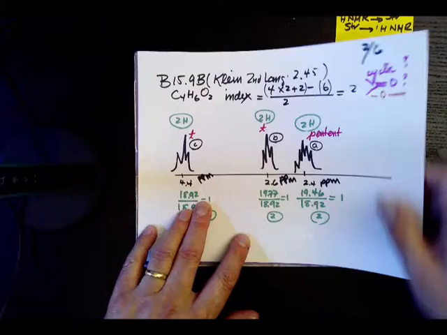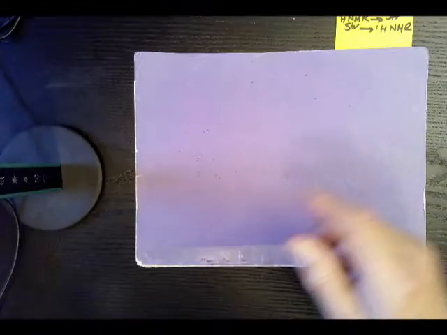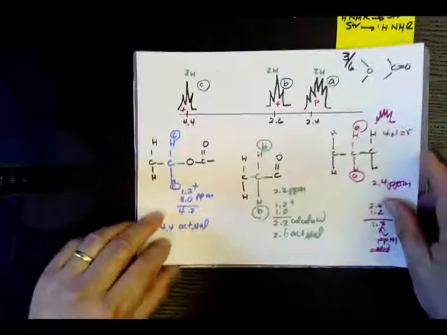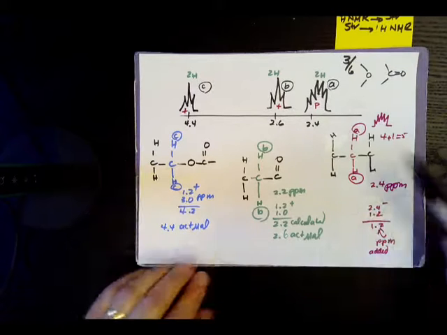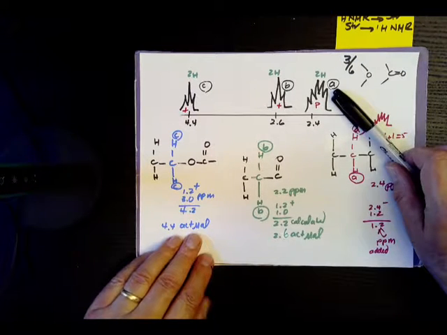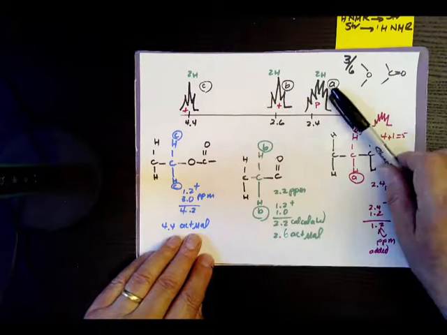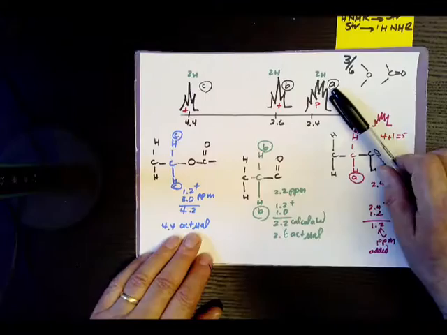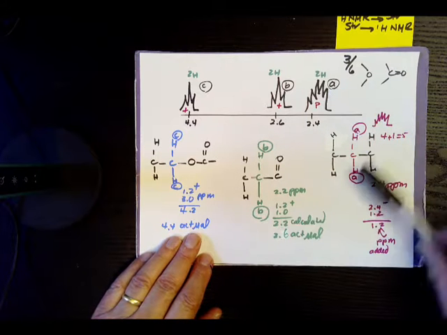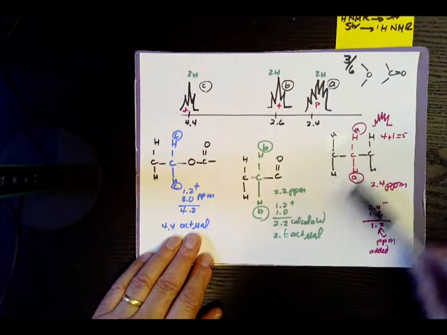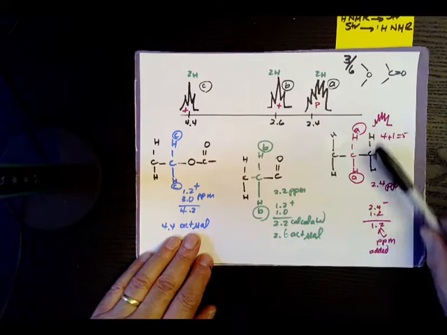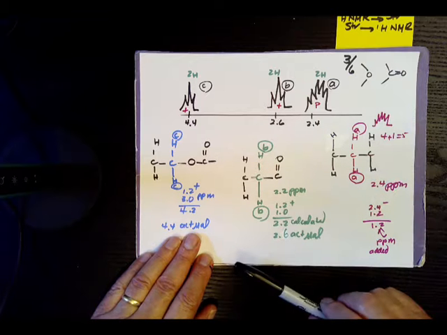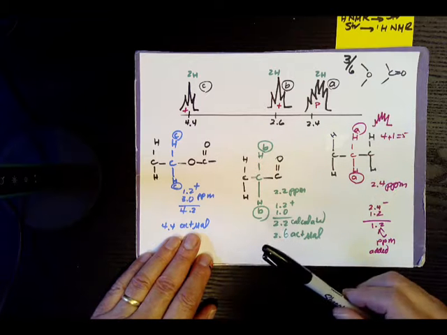So let's look at a little bit more detail about the splitting pattern. I can see that we start with A. Remember, we put an A here, B, and a C. A has a 5 signal. So if A is to become a pentet, or 5 signal, we have to have 4 protons next to it, basically 2 CH2.